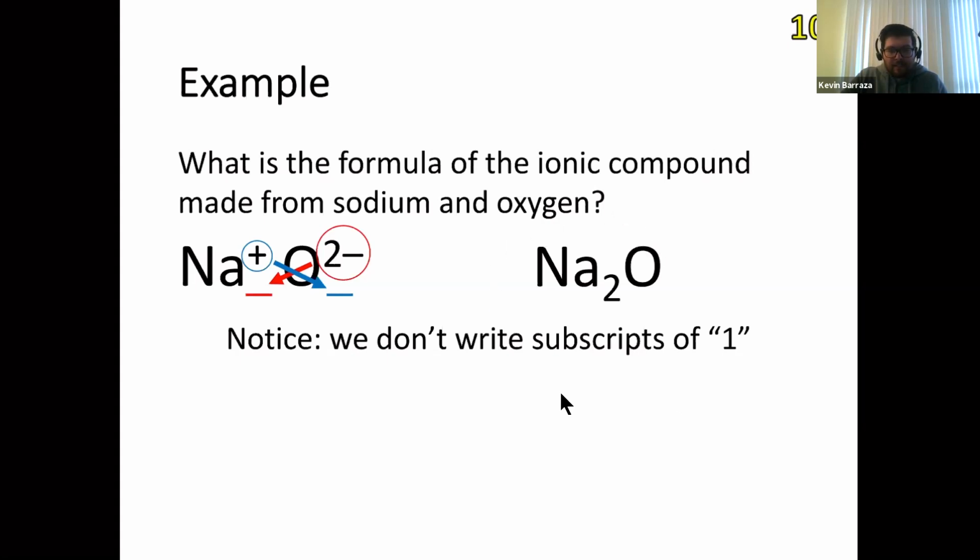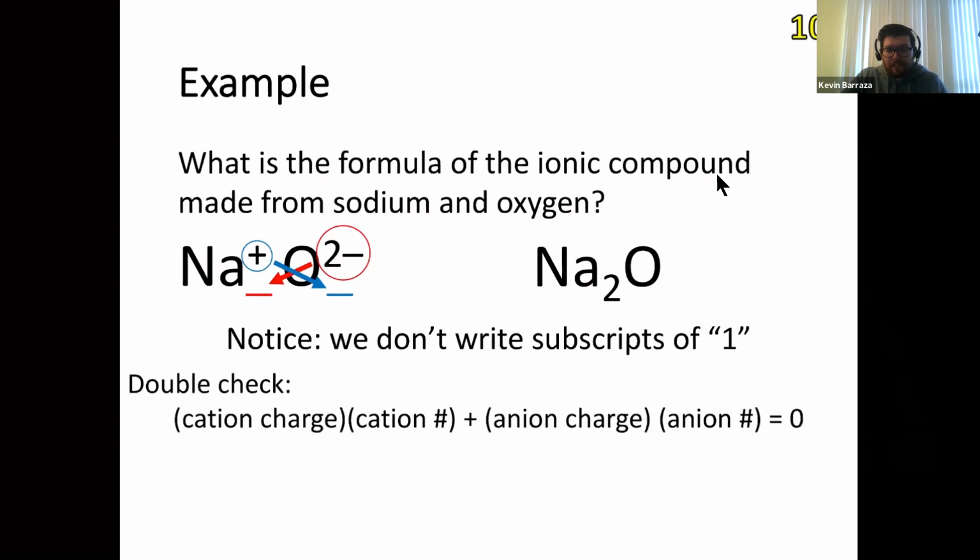As I was saying previously, the way that we can check our work is that the positives and the negatives should match, total charge of each should match. So this is kind of a formula, but it's probably easier to just conceptually try it out.